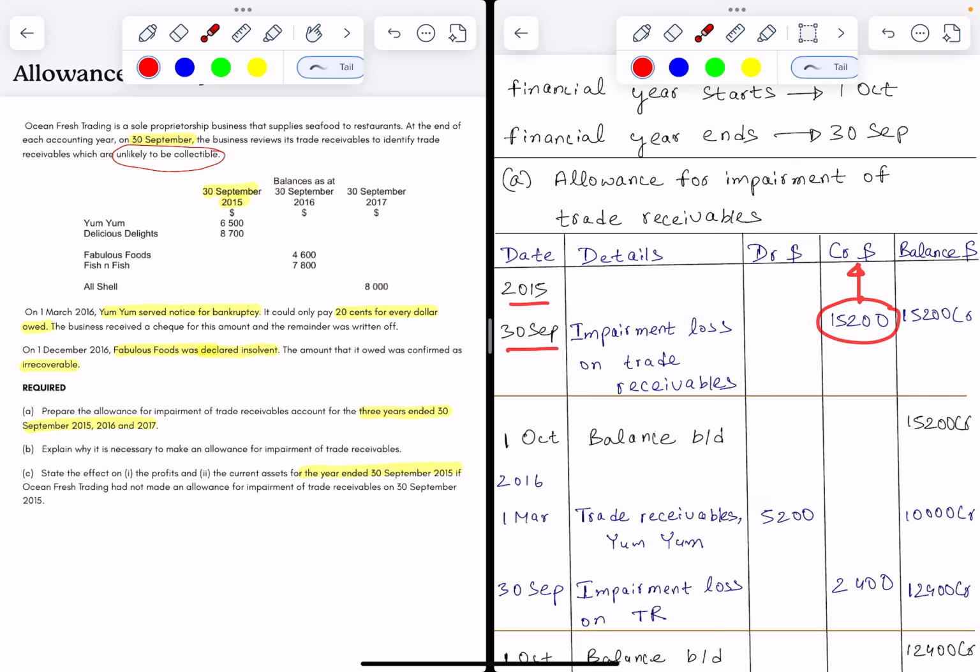It was credited because we have an increase in allowance for impairment, since we don't have any beginning balances. And whenever there is an increase in allowance for impairment, we also incur an expense, known as the impairment loss and trade receivables, which takes place as the cross-reference in the details column, okay? The final balance is 15,200 credit at 30 September 2015 after everything is done, all right?